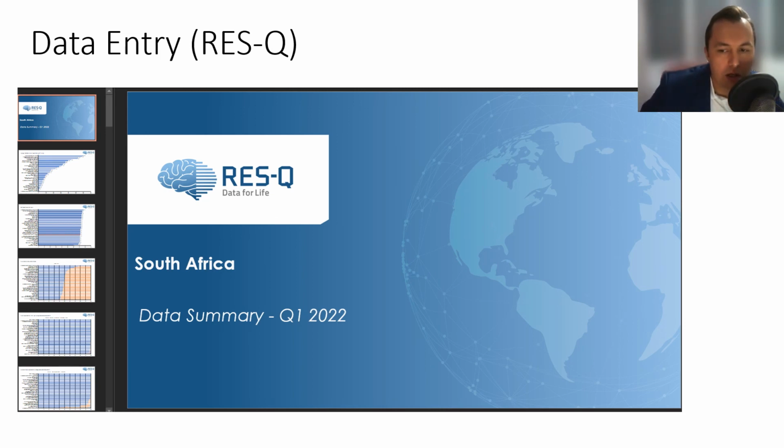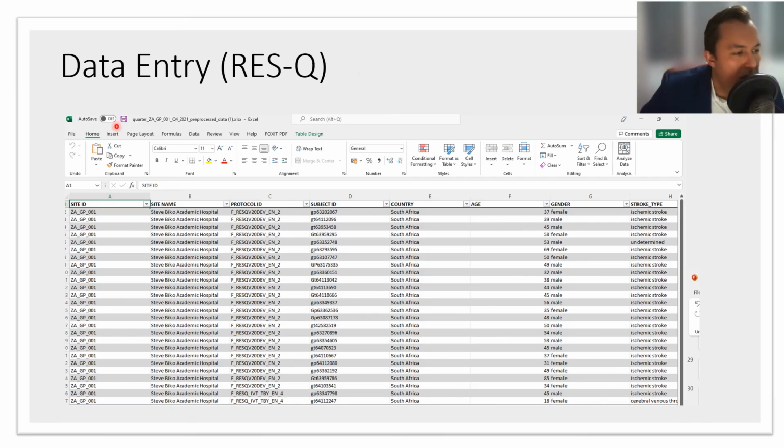So this is just an example of what the PowerPoint format looks like. It will give you numerous slides with all of the data analyzed in graph format. This can be used for future presentations, or even just for your own statistical analysis if you want to have a look at it. And this would be the Excel format that you can download.